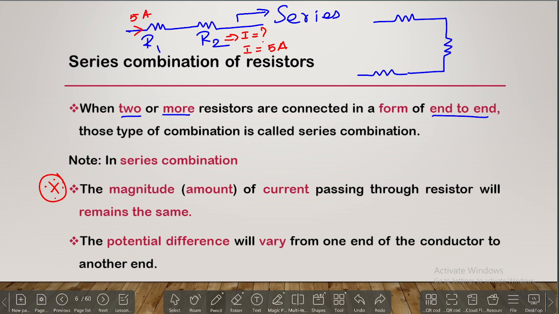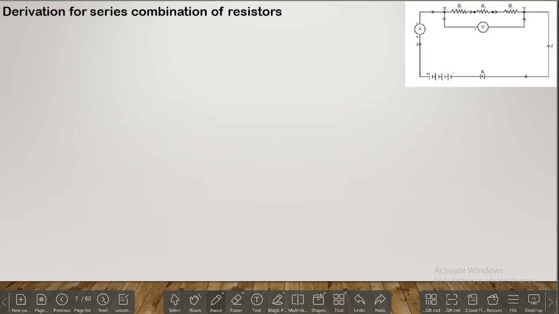Whereas the potential difference will vary from one resistor to another. Remember the condition: in series combination, current flow remains the same, whereas the potential difference will vary.